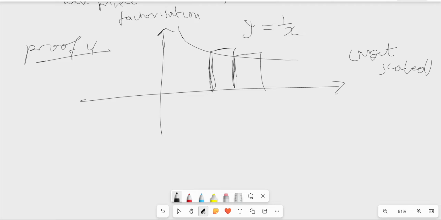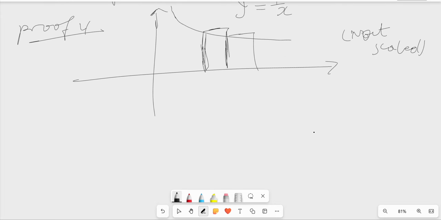We used to do this in geography every time, but now in mathematics, this is not about graphs or anything, it's about proving there are infinitely many primes.